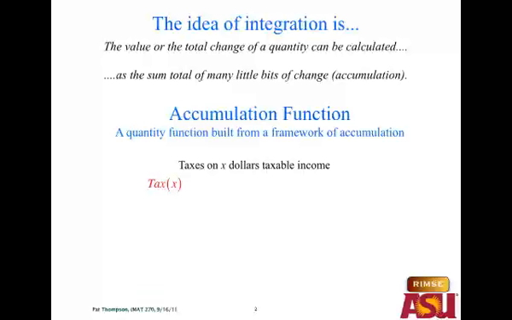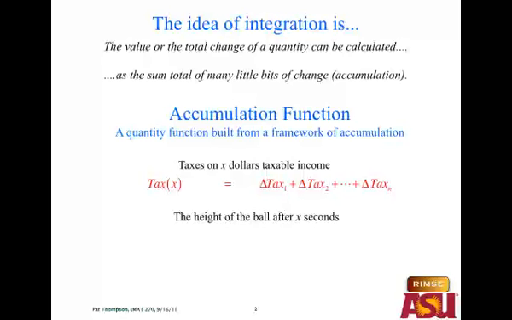Okay, Ryan: bit by bit. It's going to be the sum of little bits of tax. Getting the total tax at a current amount of taxable income will be calculated by the little bit of tax on the first dollar, the little bit of tax on the next dollar, all the way up to the current dollar.